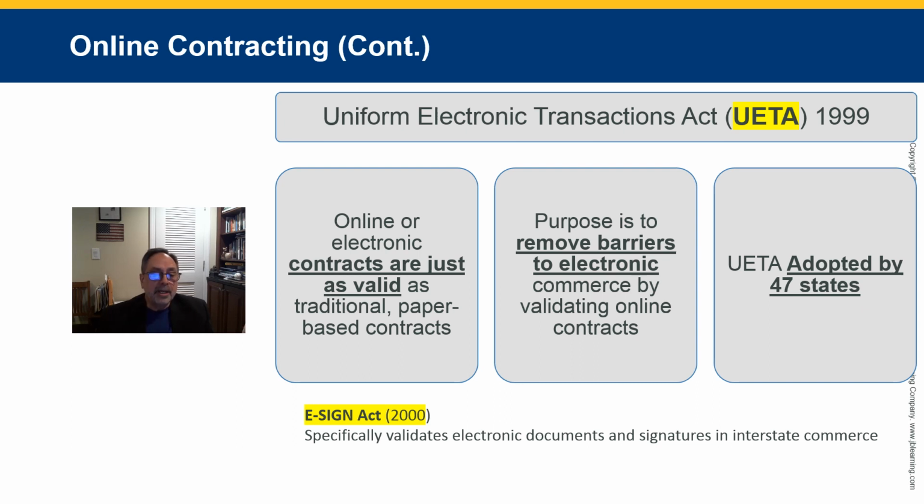But the E-Sign Act is federal, and that affects every state, but that's focusing specifically only on electronic signatures, that your personal electronic signature is valid over the internet through an electronic signature process. We're going to look at the electronic signature process a few slides deeper into this module, about how that actually works and how the encryption works and how that takes effect.